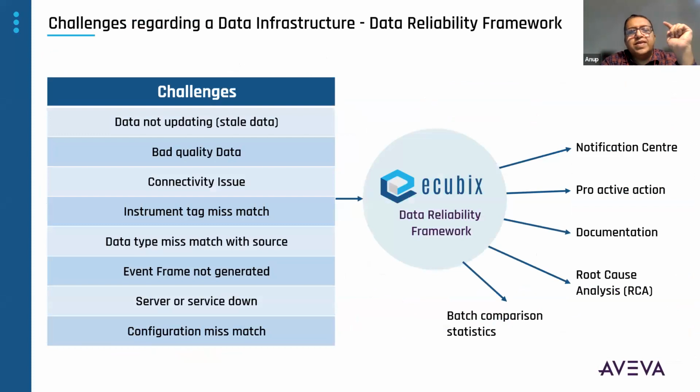Coming to the Data Reliability Framework, this is again a fantastic thing. As I have already told you, I don't want to take much time, but this is basically a notification center and it takes proactive action. It will tell you on a given day which of the data are working, which are orange, which are green, right? So what you essentially have is pre-qualified data, and you can go and check the data.